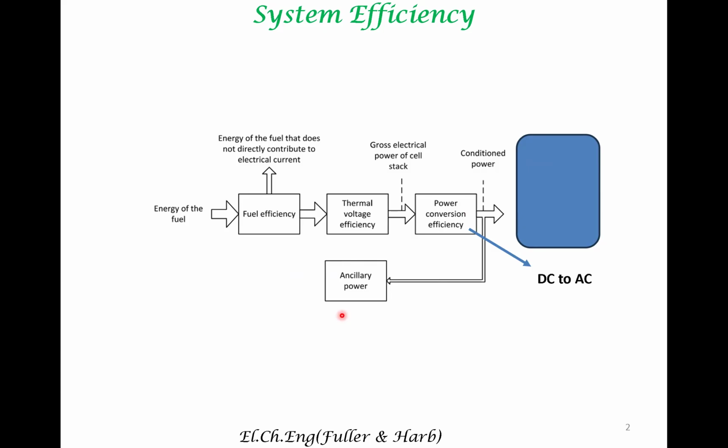When you subtract out this power, you get the net power output to the external devices. So the entire system efficiency can be quantified based on two quantities: the net electrical power which you get, as well as the energy content of the fuel that is supplied to the fuel cell system.